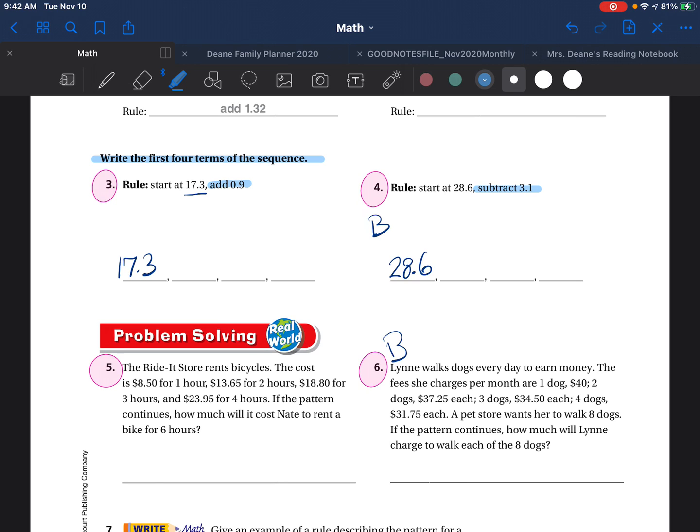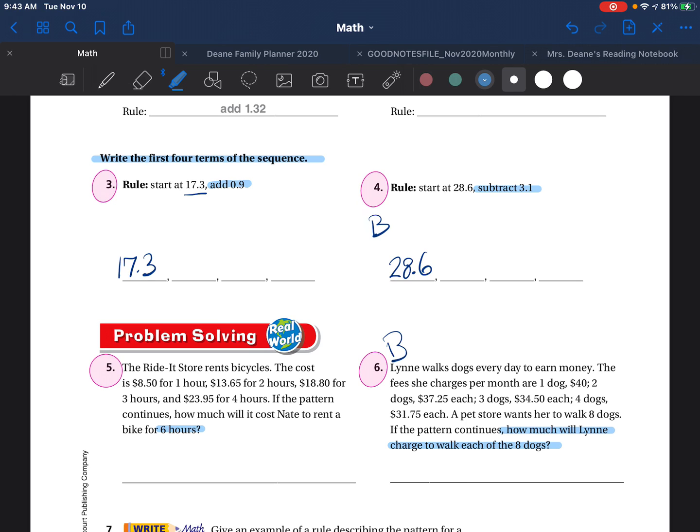For 5 and 6, it says if the pattern continues, how much will it cost Nate to rent a bike for 6 hours? So you would have to continue that sequence. They give you 1, 2, 3, and 4, and then that means you would have to find 5 and then 6. So you'd have to extend it 2 more times. Let me read them to you in case you need it.